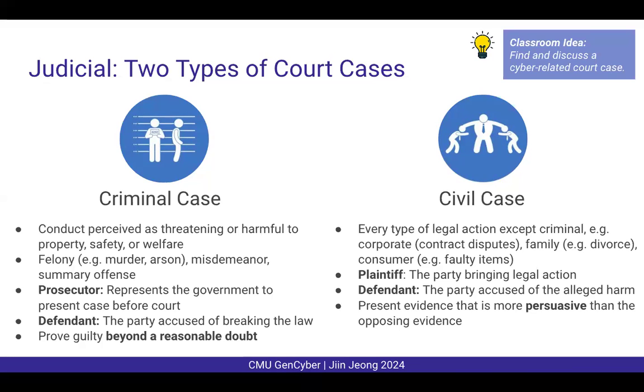In a criminal case, there is the prosecutor and the defendant involved. The prosecutor represents the government to present the case before court, and the defendant is the party accused of breaking the law. And in a criminal case, you have to prove guilt beyond a reasonable doubt.